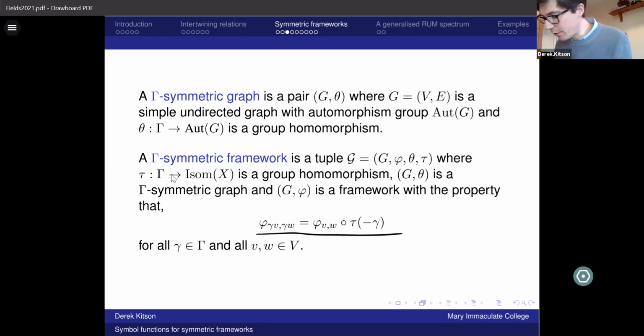So tau of our group element here, think of that as my symmetry. If I apply that and then apply my linear constraint, that's the linear constraint I get from this image of an edge. So it's a familiar sort of condition, just in this slightly more general setting.